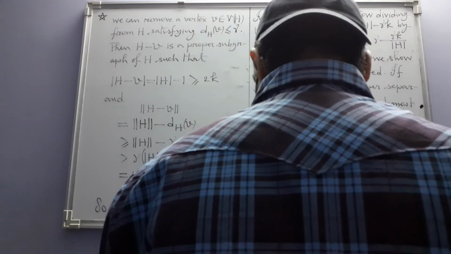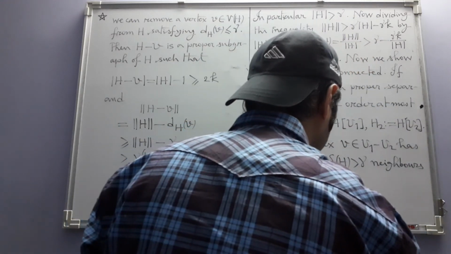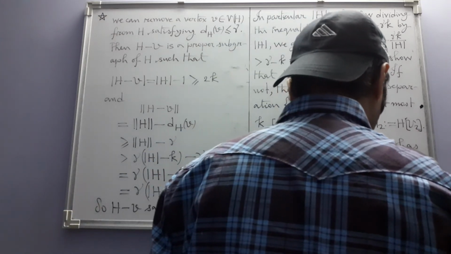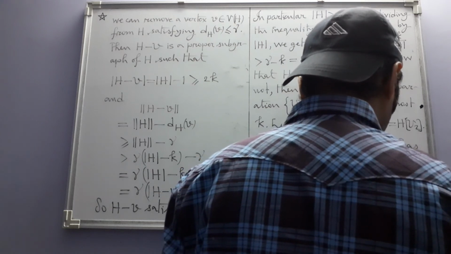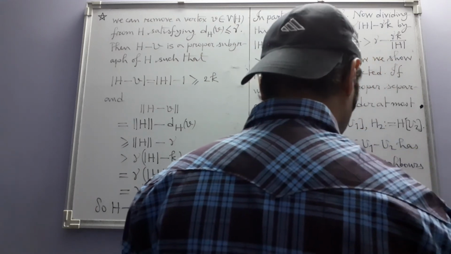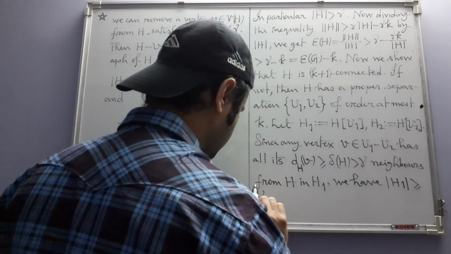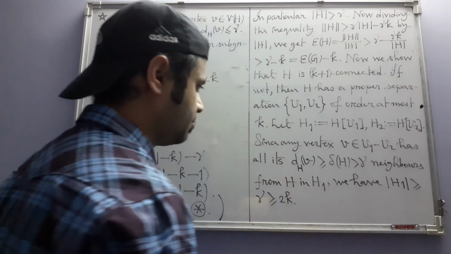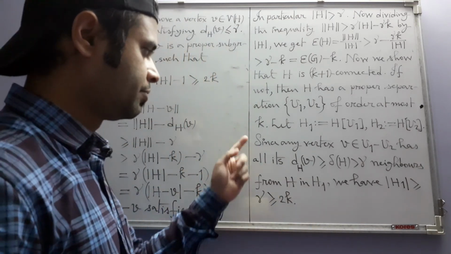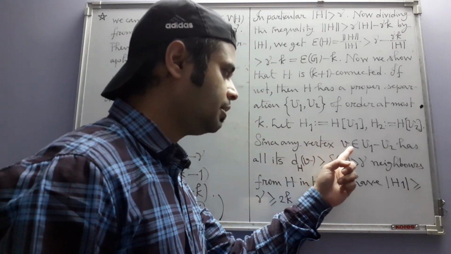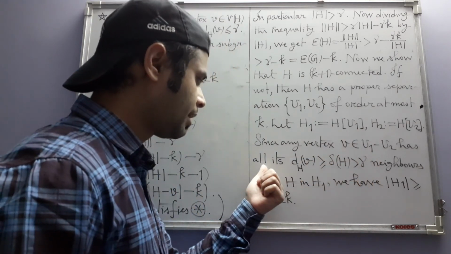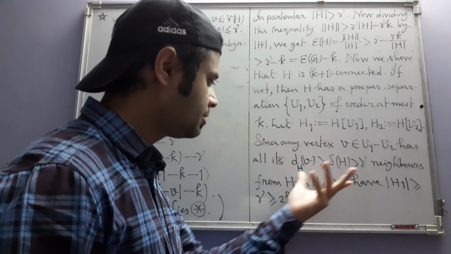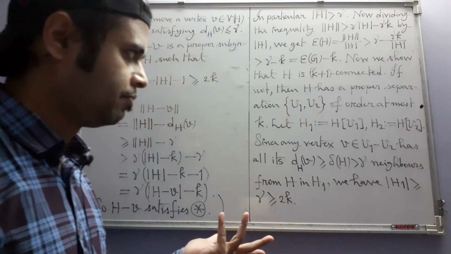Since that is the case, we have the order of H1 greater than or equal to gamma, which is greater than or equal to 2k. Is this clear? Since any vertex V in U1 minus U2 has all its neighbors, forget about this for a moment, has all its neighbors from H in H1.